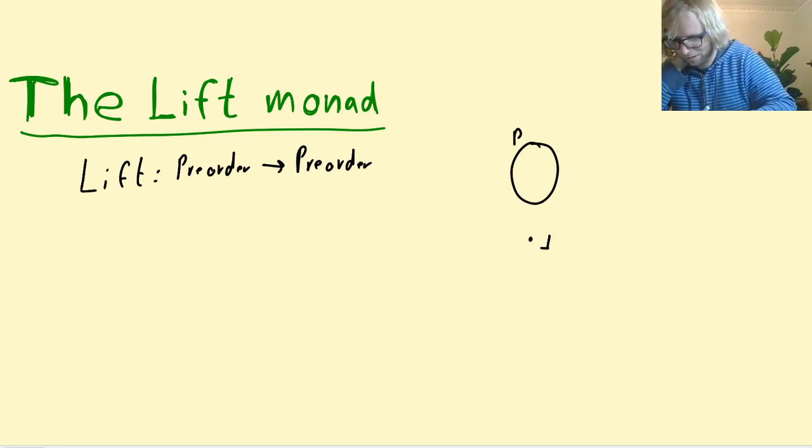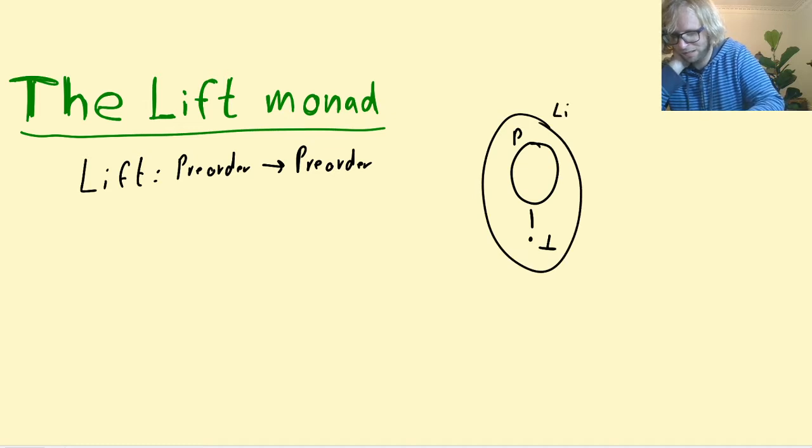It is usually denoted bottom, not to be confused with falsity. And I'm going to say that this element is smaller than all the elements in P. So this is going to be my new lift of P. Right, so I'm lifting P up above this new element, which is at the bottom. And if P didn't have a smallest element, now it does, right?